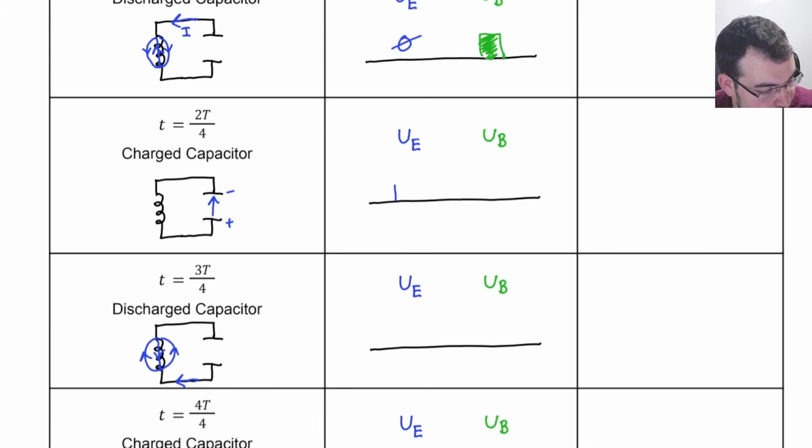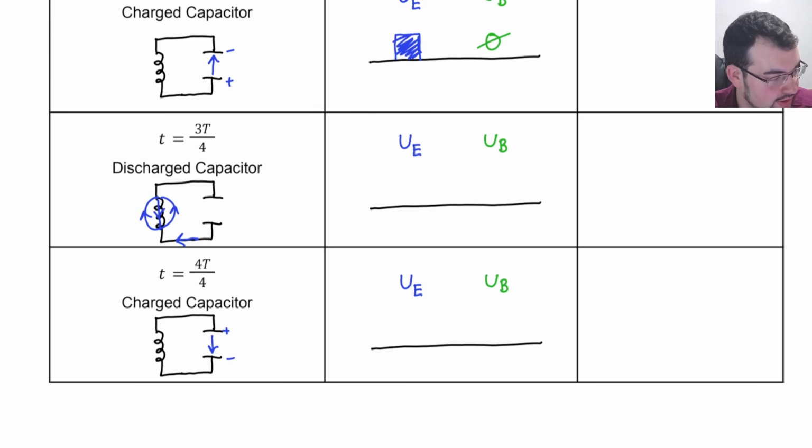Now I've charged the capacitor the opposite way. It doesn't matter that it's charged the opposite way. It's still storing energy. There's still no current there, so no magnetic field. Then the current has reversed in the inductor, but there's no charge on the capacitor, and then we're back to where we started.